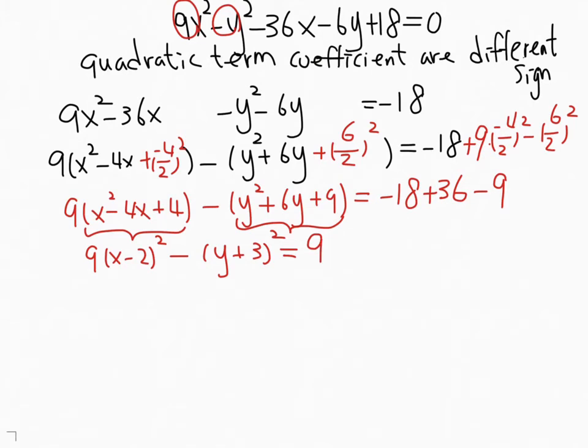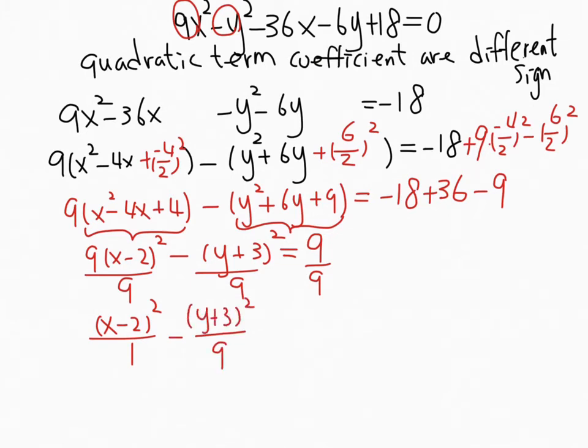Divide everything. Remember I said keeping your constant equal to 1. That's how you represent the hyperbola in standard form. 9 divided by 9, that's 1.